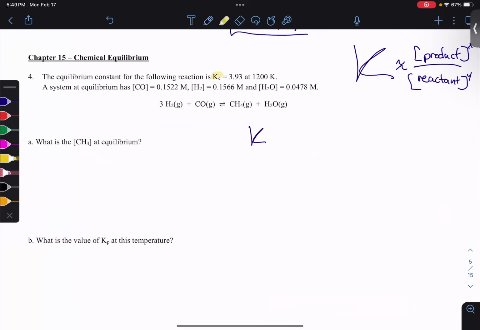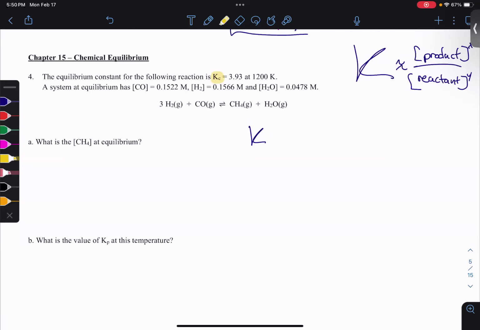So notice in this question, I give a KC. C stands for what? Concentration. KP, P stands for what? Pressure. KW, W stands for what? Water. Yes. So we're gonna work with a lot of Ks, and there's more to come. Ks out the wazoo.